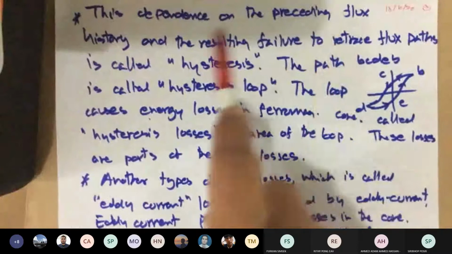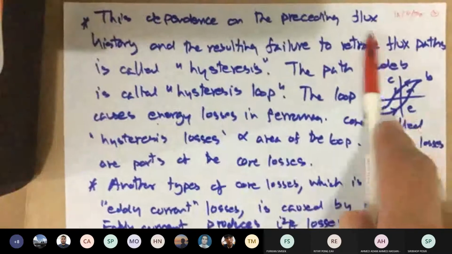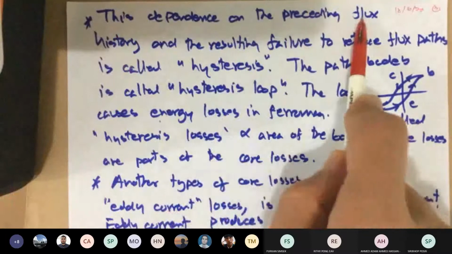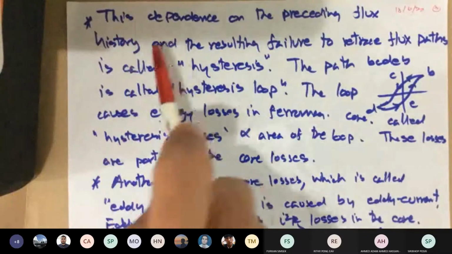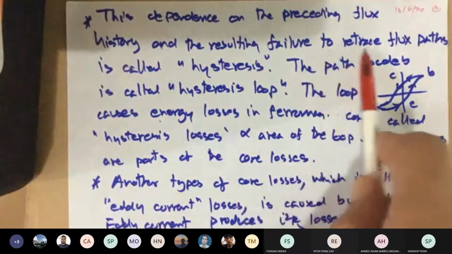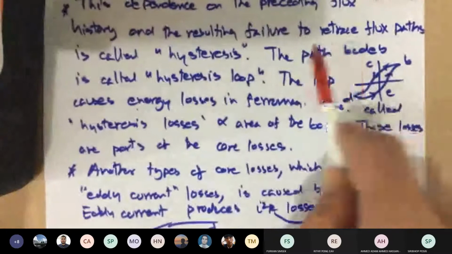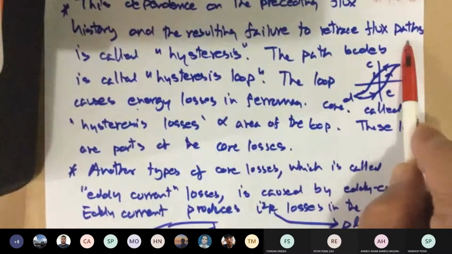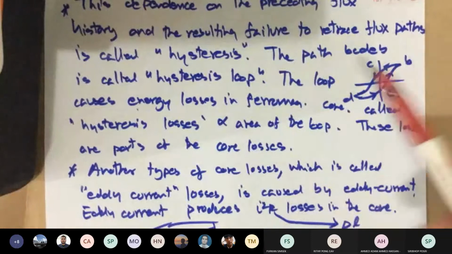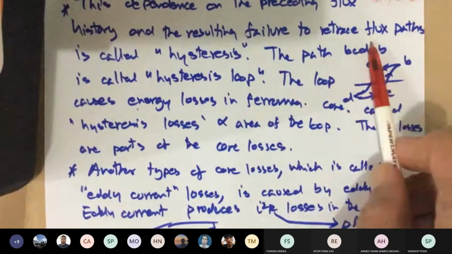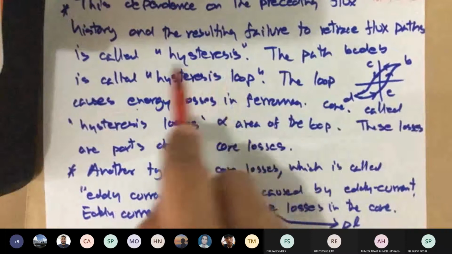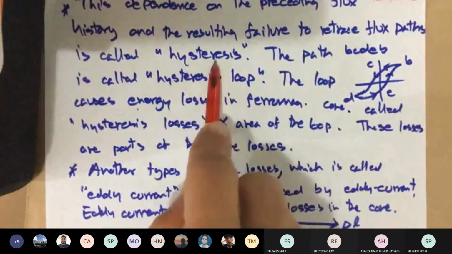It's kind of difficult to grasp for non-native English speakers. Okay, the words are: dependence on preceding flux history, resulting in failure to retrace. So the key word is to retrace its previous flux path. Notice that it would not go back to the previous path. It will follow a new path. This phenomenon is called hysteresis.